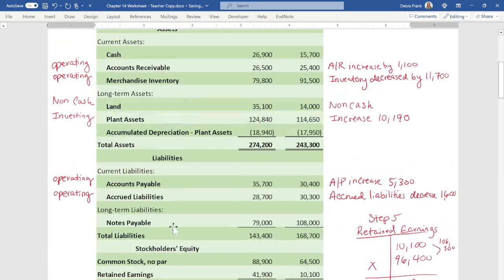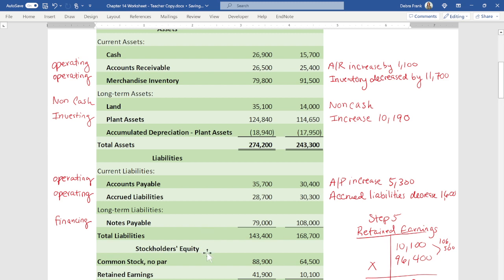Let's see, we have notes payable, and we can see that it was 108,000 and went down to 79,000.